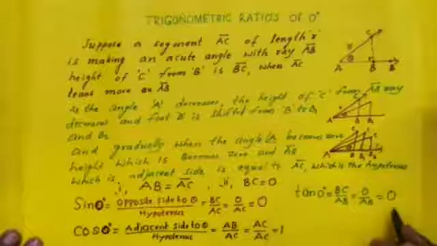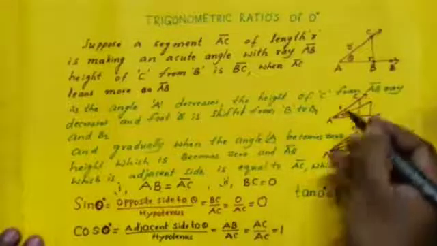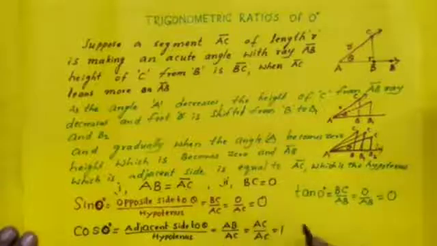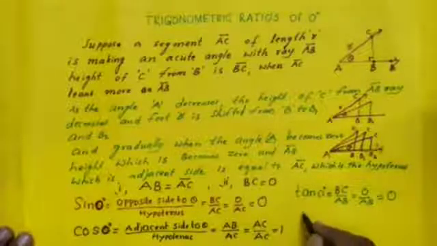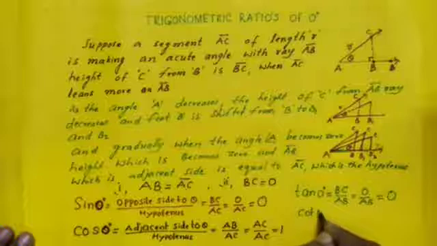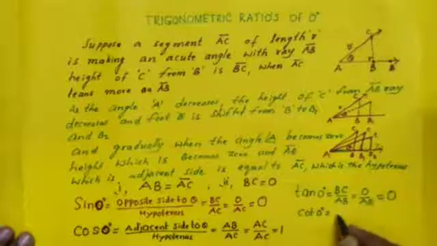Cot 0 degree is the reciprocal of tan. Otherwise, you can write it according to the ratio of the sides. Cot 0 degree is the reciprocal of tan theta, so 1 by 0 is undefined.